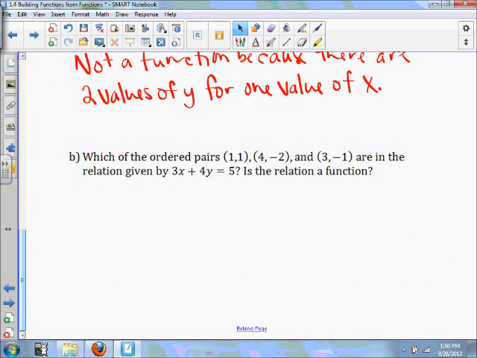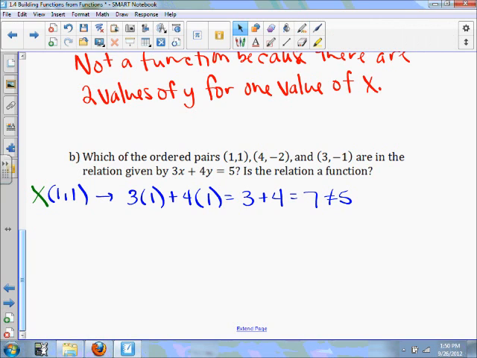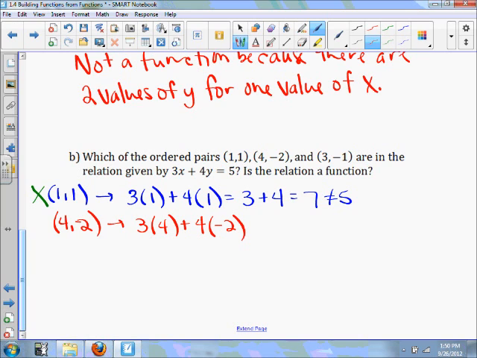Now moving on to B, it says which of the ordered pairs (1, 1), (4, -2), and (3, -1) are in the relation. Is the relation a function? Well, let's check (1, 1) first. That would be 3 times 1 plus 4 times 1, which is 7. That does not equal 5. So (1, 1) is not in the relation. Now if we check (4, -2), 3 times 4 plus 4 times -2, that would be 12 plus -8, which is 4.